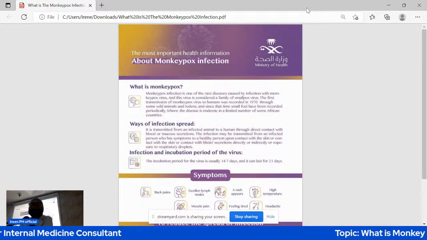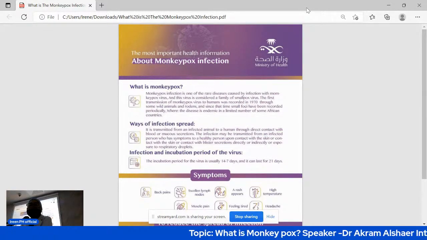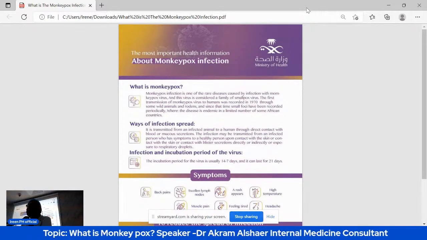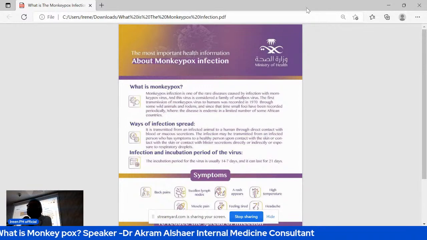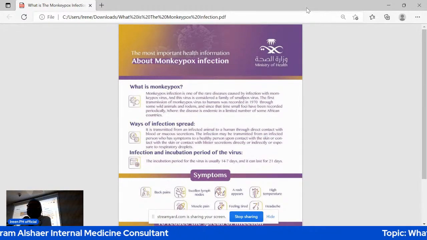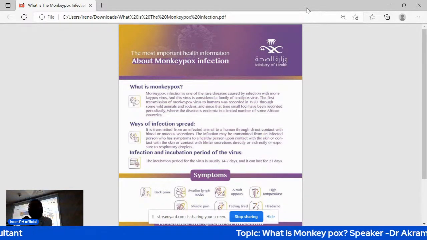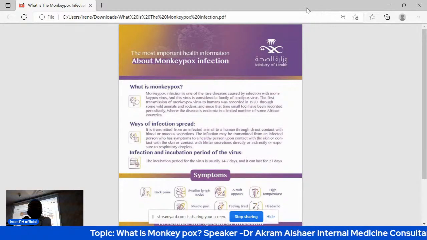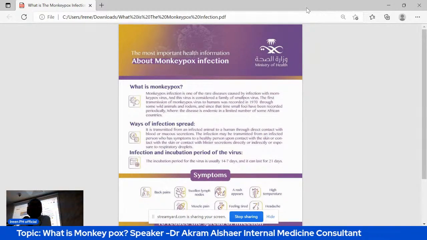The first transmission of monkeypox virus to humans was recorded in 1970 through some wild animals and rodents. Since that time, small foci have been recorded periodically where the disease is endemic in a limited number of African countries.